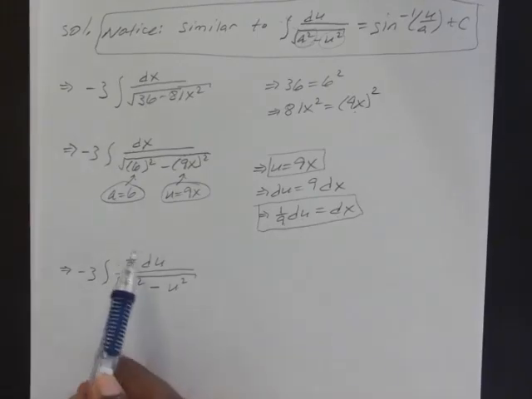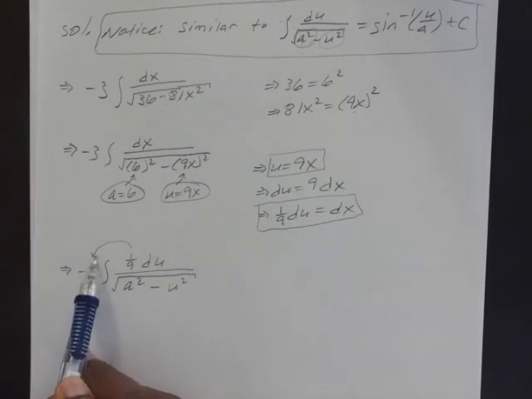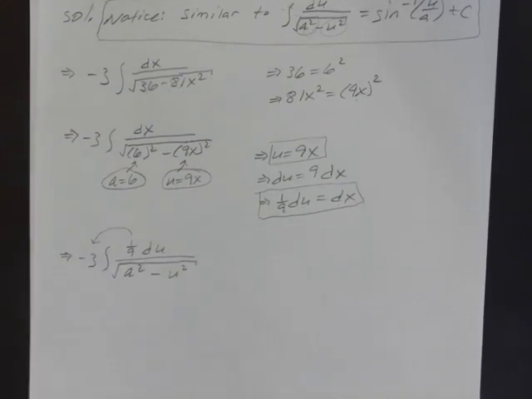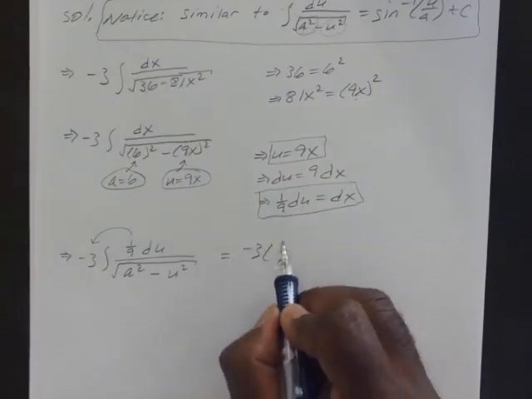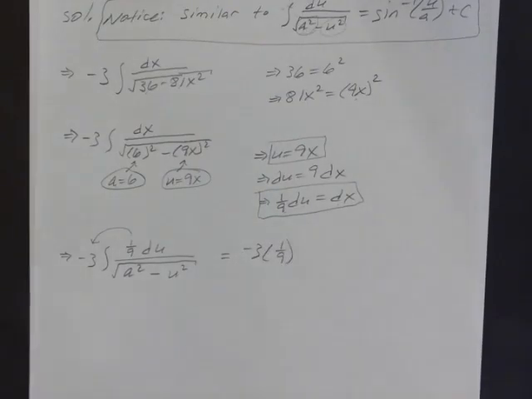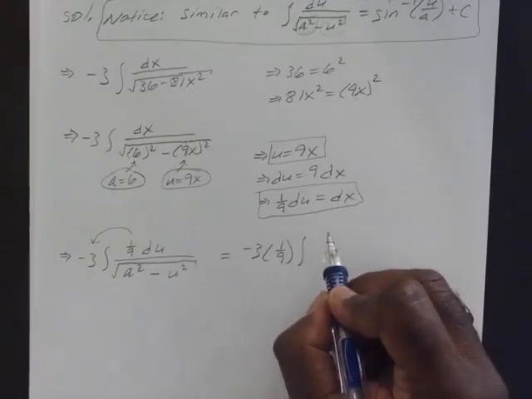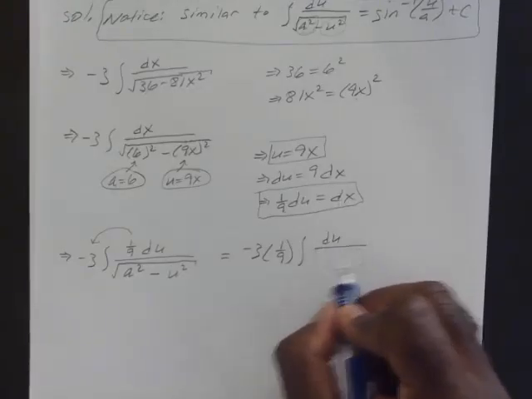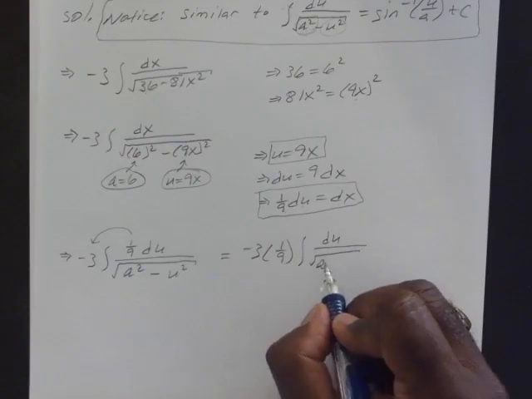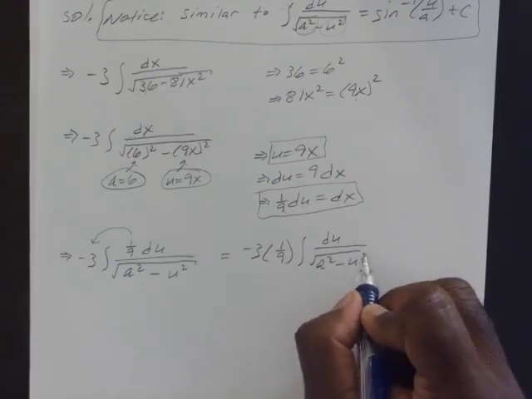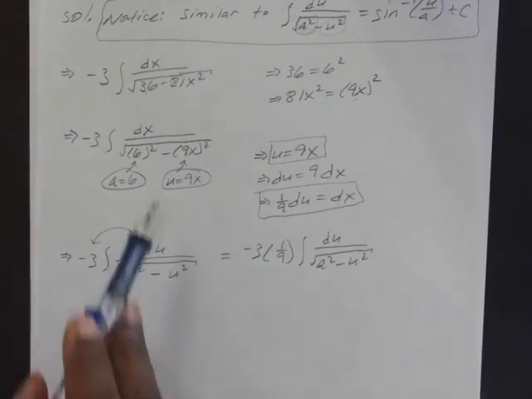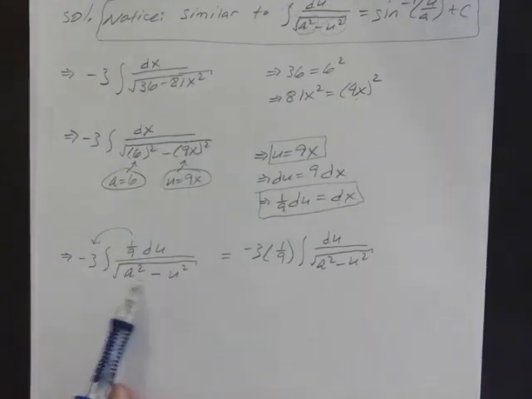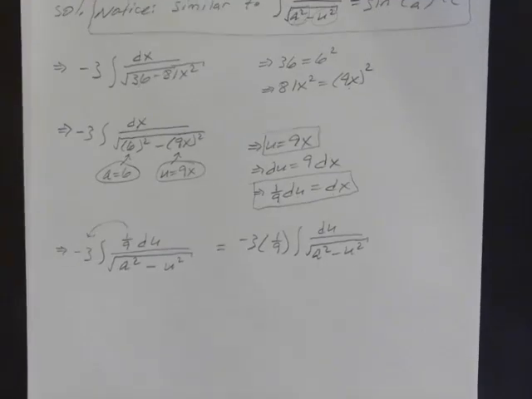Okay, so that 1 over 9, we can go ahead and just factor that right out to the front. That gives us -3 times 1 over 9 times the integral of du over the square root of a squared minus u squared. Okay, so everything we did up here matches up because it gives us the very form we're looking for.